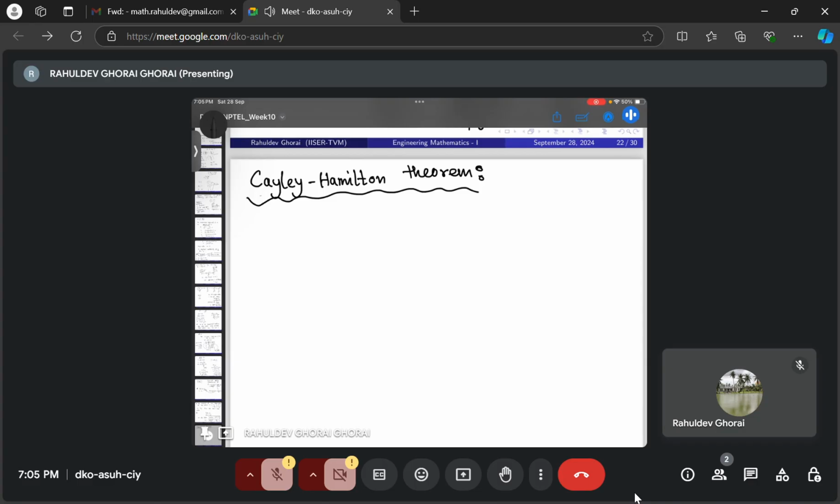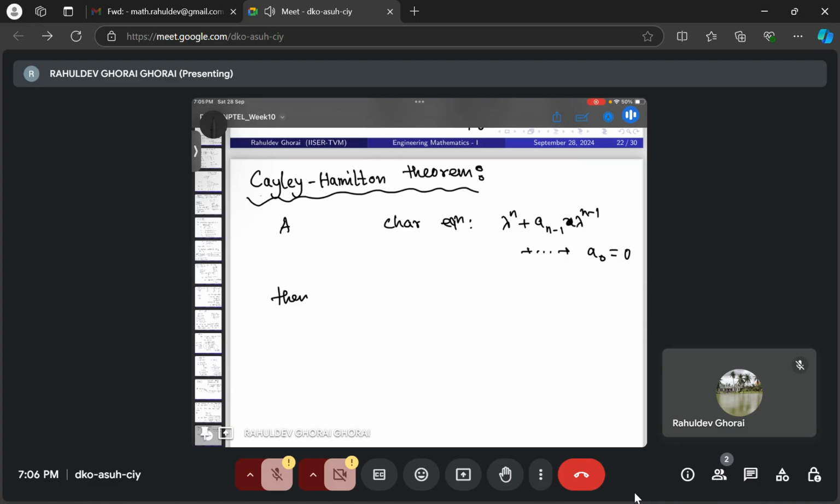What is the meaning of that? Every square matrix has a characteristic polynomial. So if you have a matrix A and the corresponding characteristic equation is, let's say, lambda to the power n plus a_{n-1} lambda to the power n minus 1, plus up to a naught, is equal to 0.